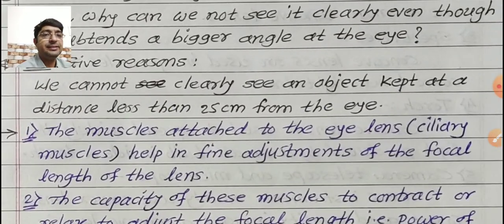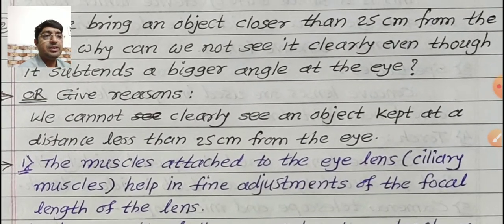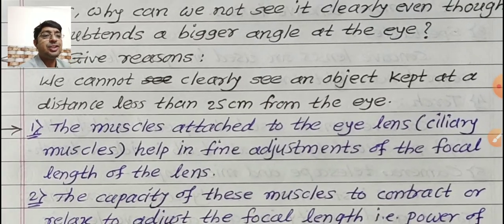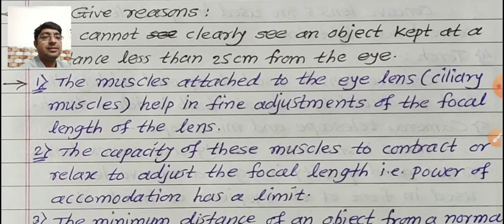is given here. See that give reason. What is that give reason question? We cannot clearly see an object kept at a distance less than 25 centimeter from the eye. See point wise. The muscles attached to the eye lens, that is ciliary muscles, help in fine adjustment of the focal length of the lens.